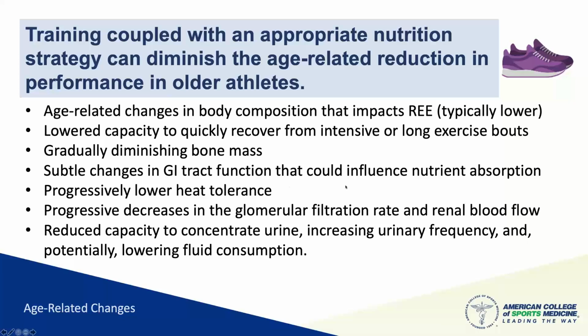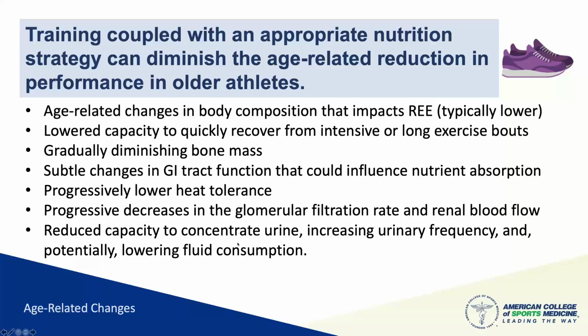The classical example is it becomes more difficult to absorb vitamin B12, so pernicious anemia is more likely in someone who's older. Progressively lower heat tolerance, progressive decreases in the glomerular filtration rate and renal blood flow, so beverages that are consumed have to be mediated appropriately.